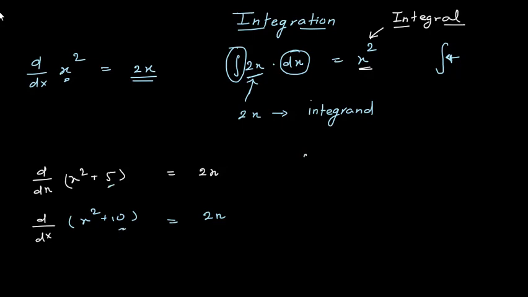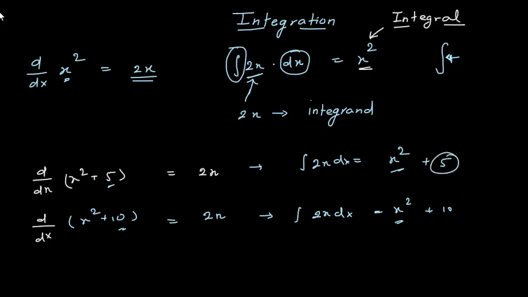Now when I integrate 2x here, my answer should be x square plus 5, and when I integrate here with respect to x, the integration of 2x should be x square plus 10. That means x square is coming, but this 5 or 10 is changing. So for 2x only, these values are changing.